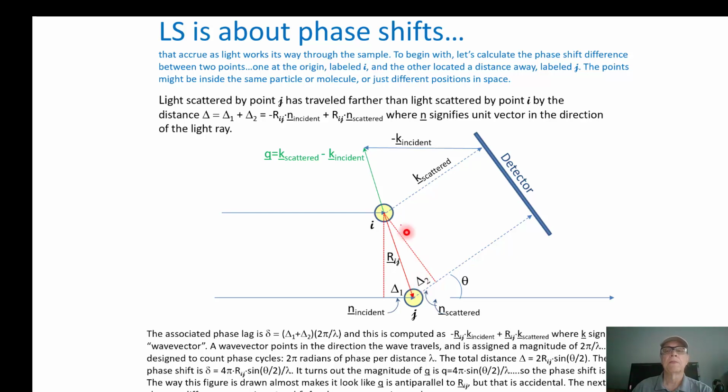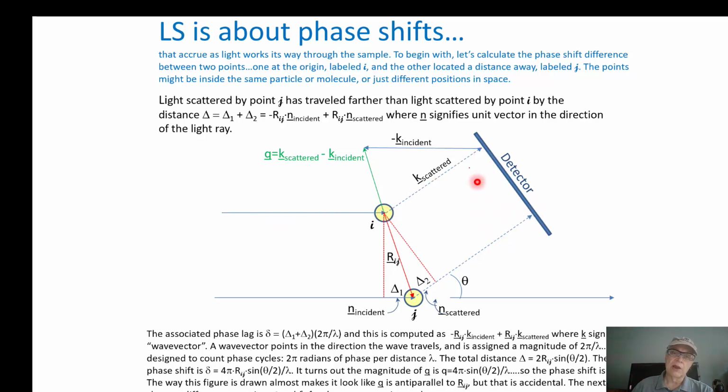It doesn't matter for this argument. Here I've put K as bisecting the incident and the scattered ray, and I drew my vector K. You can see that light going through the particle J has to travel a little bit longer, and so in doing that, it gets out of phase with light going through the particle I.